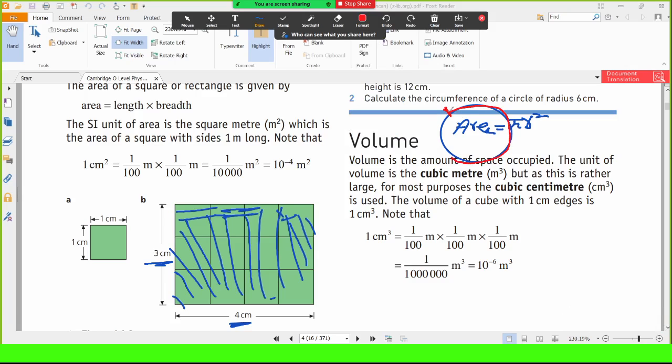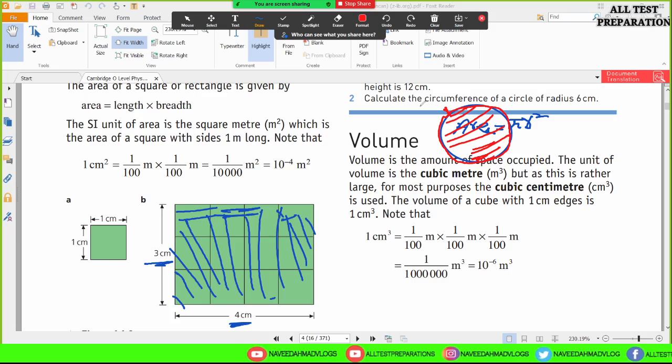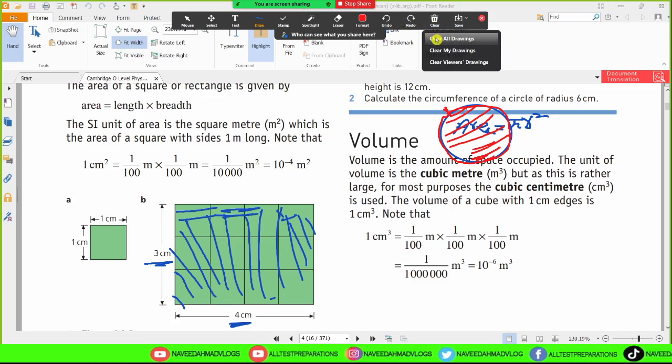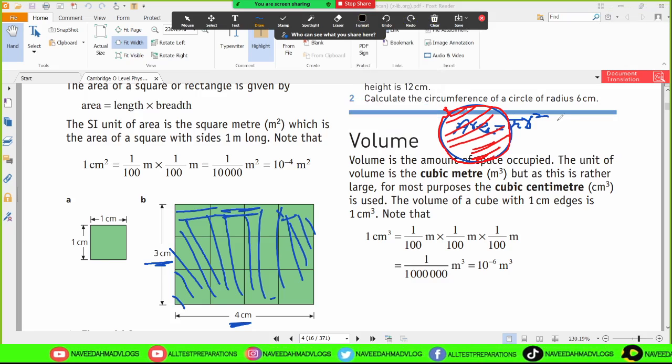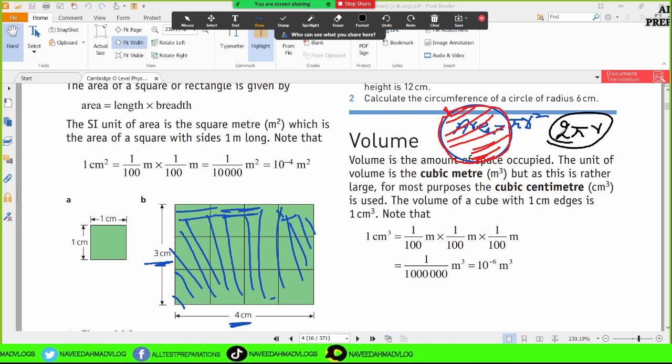And if you want to measure this complete area, you use this formula pi r square. The circumference formula is 2 pi r. Is it right? I think so. Yes, 2 pi r. That is the formula for finding the circumference of the circle.